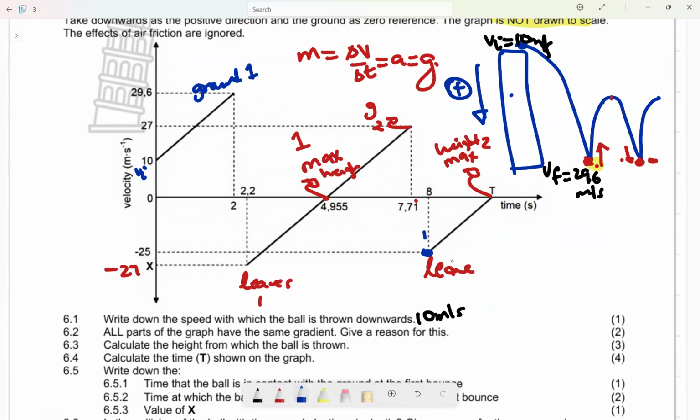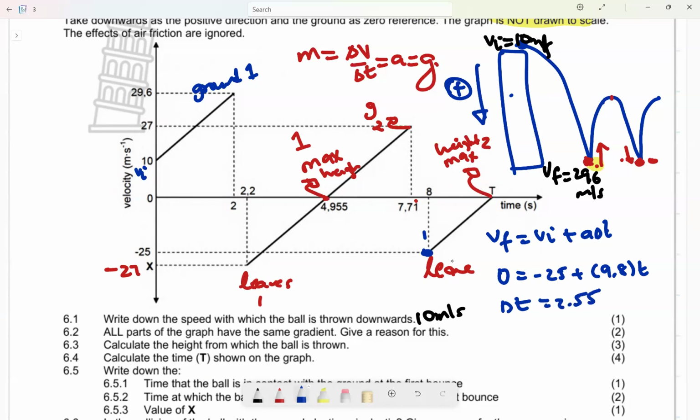Let me find time. Vf is equal to Vi plus a change in time. Vf is 0, V initial is negative 25 plus acceleration 9.8 times time. Therefore my change in time is 25 divided by 9.8, which is something like 2.55.